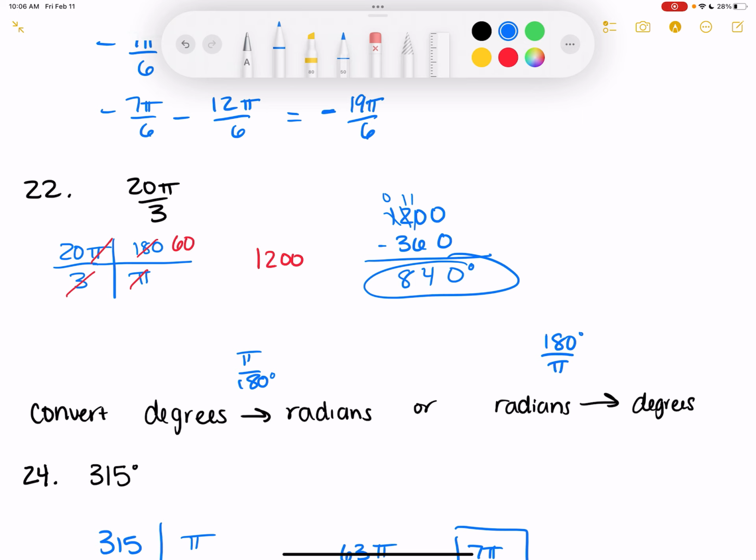But let's say that you know that 360 times 2 is 720, and you know that if you subtract that, you're still not going to be there. What you can do is you could say, okay, 360 times 3 is going to give me, what is that? 1,080. Okay. So you can take 1,080 minus 840, and negative 240 would be your first.